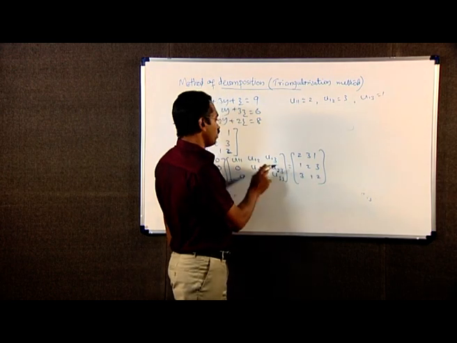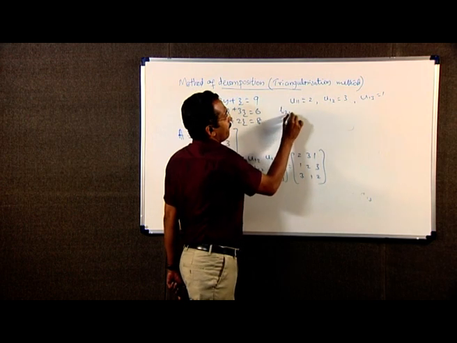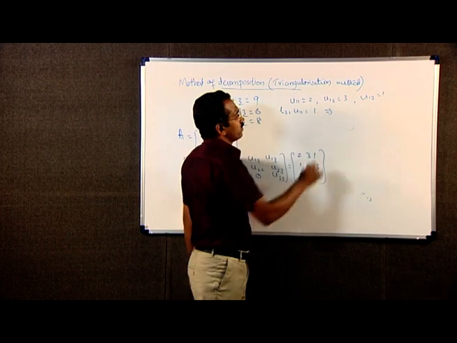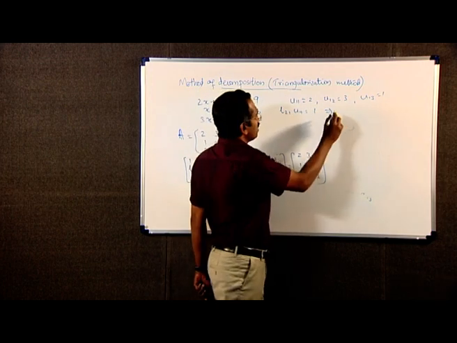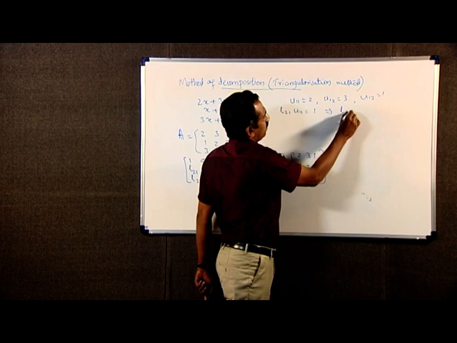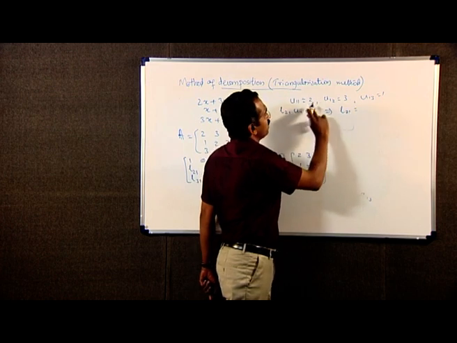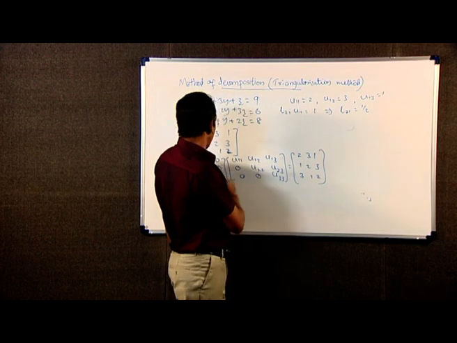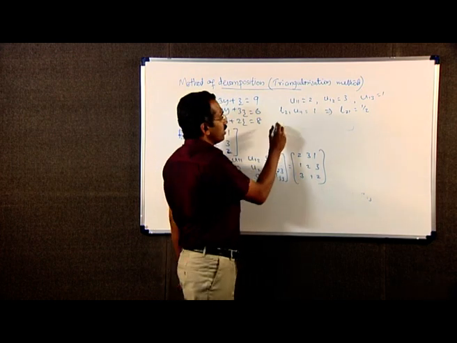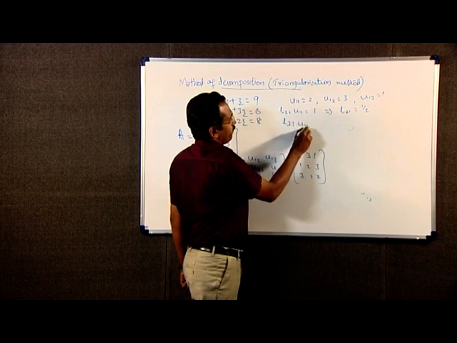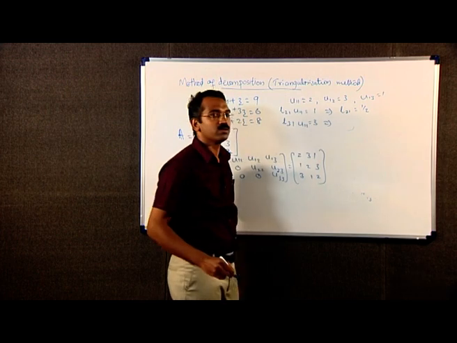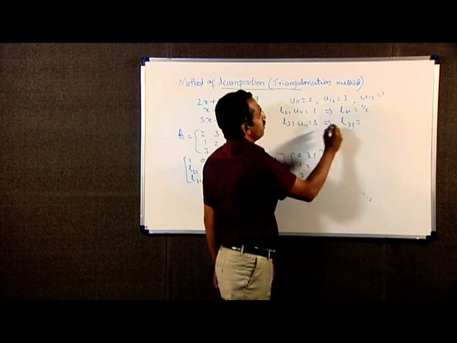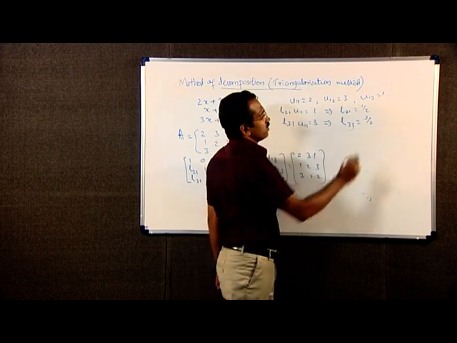L21 into U11 is equal to 1, so that L21 is equal to 1 divided by U11, that is 1 by 2. L31 into U11 is equal to 3, which gives L31 is equal to 3 by U11, that is 3 by 2.